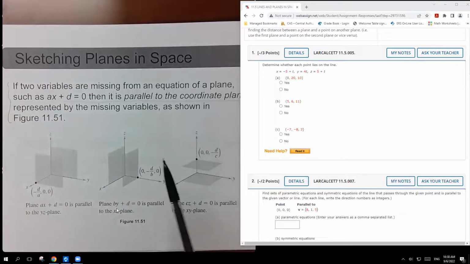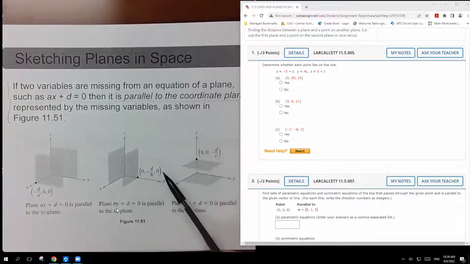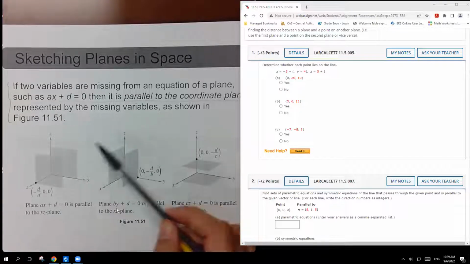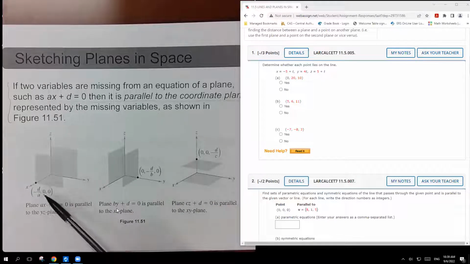If you're missing like this one, missing XY, so it's going to be parallel to the XY plane. On this one, we're missing XZ, so it's going to be parallel to the XZ plane. Here, we're missing YZ, so it's going to be parallel to the YZ plane.